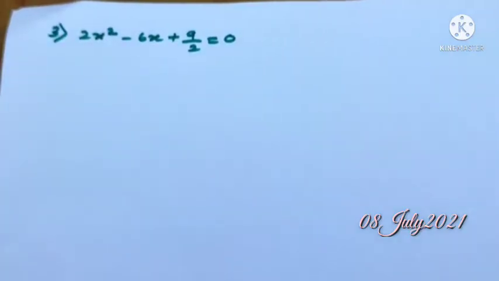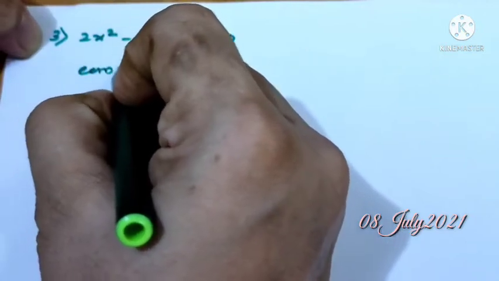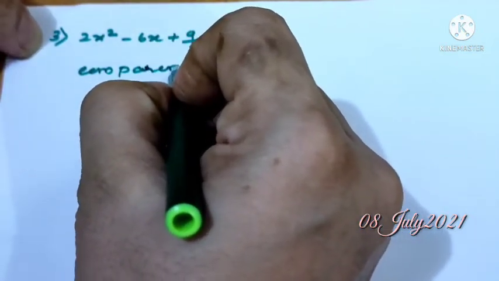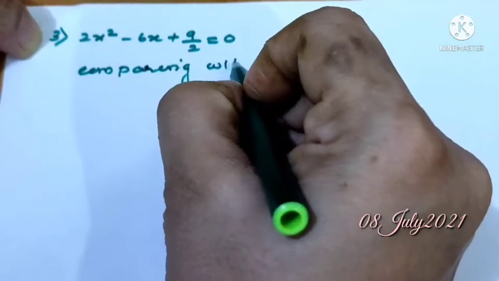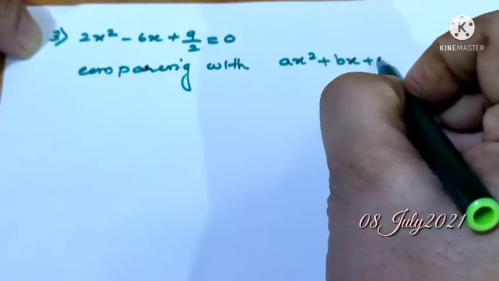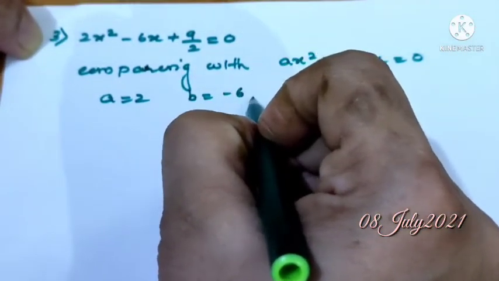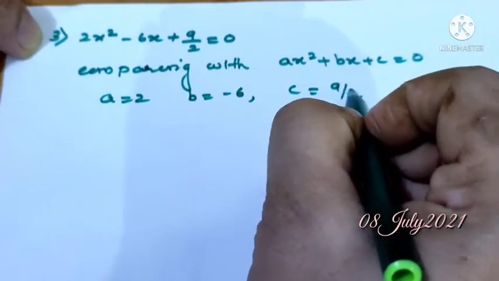Next question, 2x square minus 6x plus 9 by 2 equal to 0. This time also we have to compare with ax square plus bx plus c equal to 0. a equal to 2, b equal to minus 6 and c equal to 9 by 2.